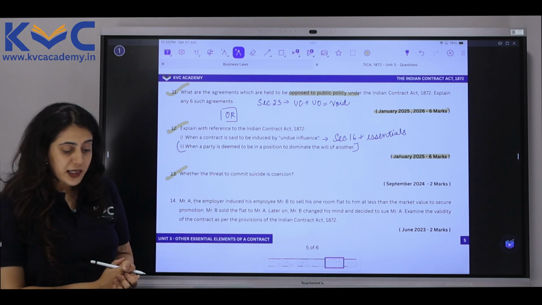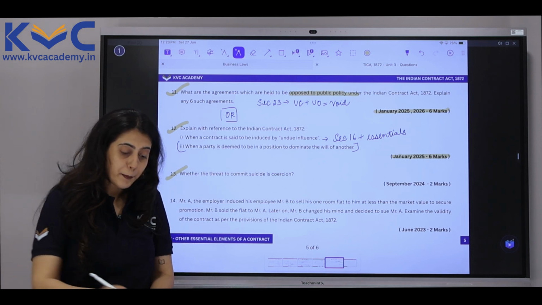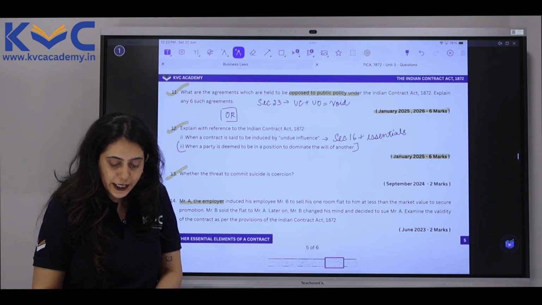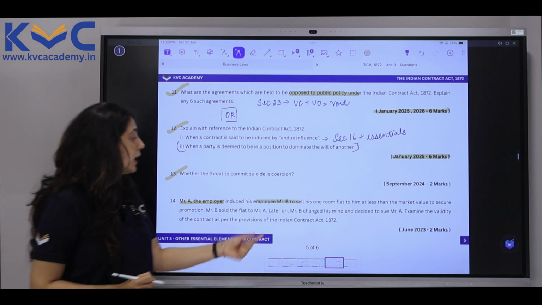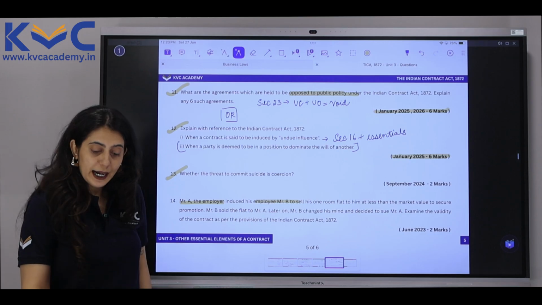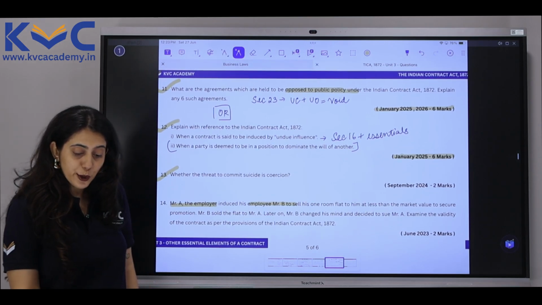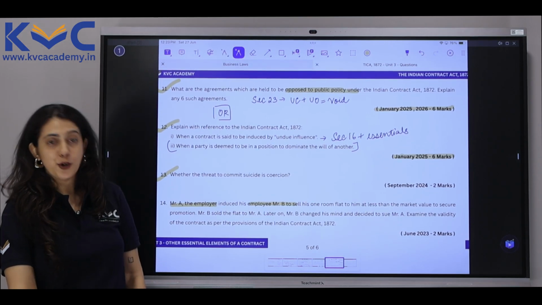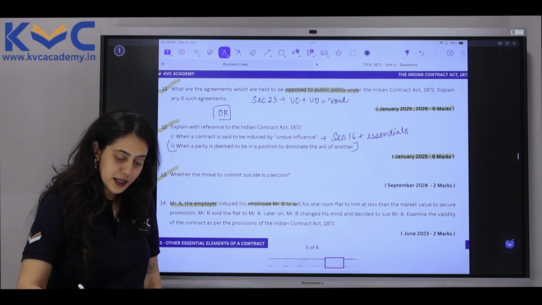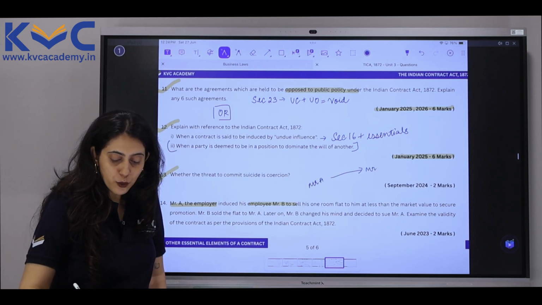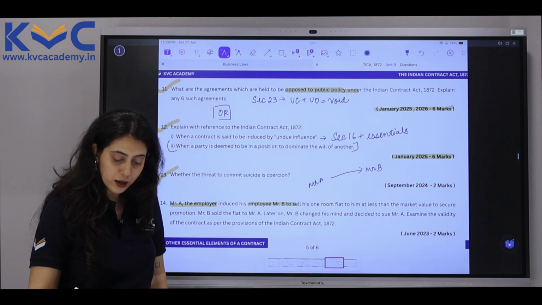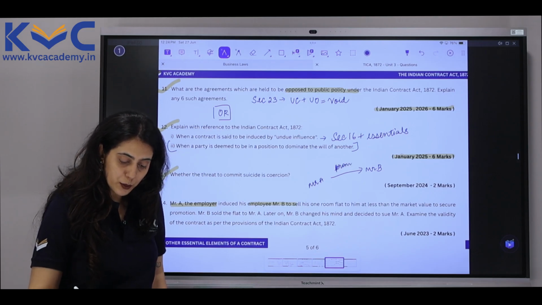Mr. A, an employer, induced his employee, Mr. B, to sell his 1-room flat to him at less than the market value to secure a promotion. Okay. Mr. A, you are telling Mr. B, if you want a promotion, I will give you the promotion.